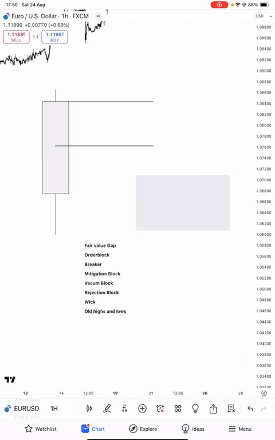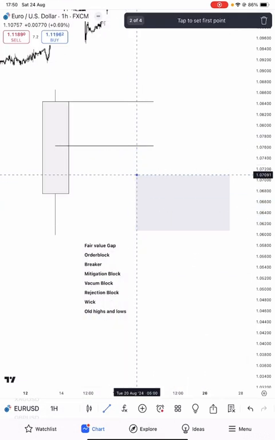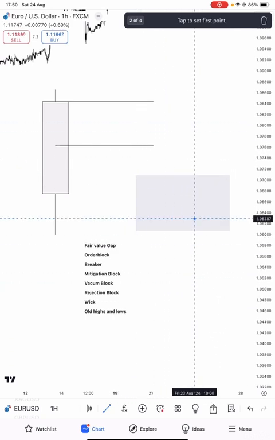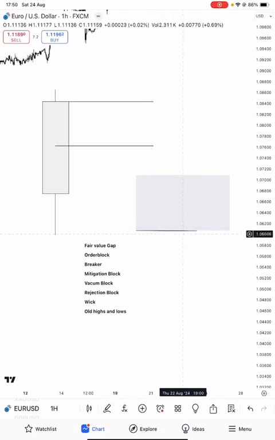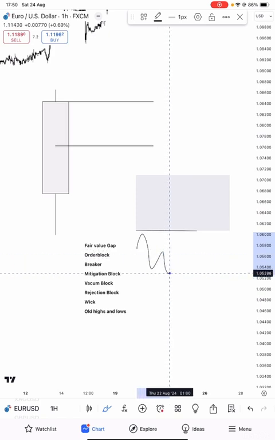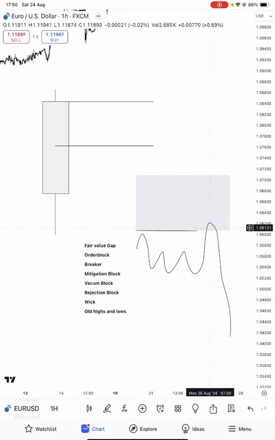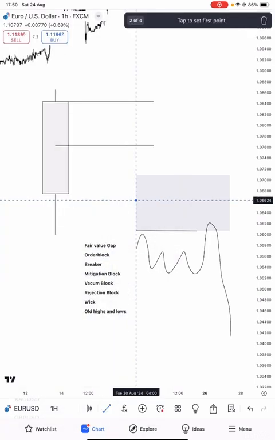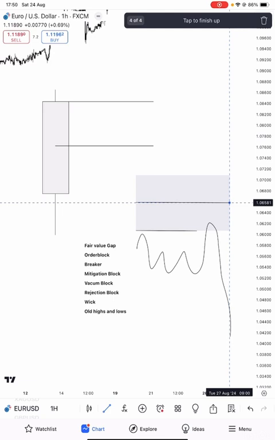Then, intricacies of fair value gap, the same. This is a fair value gap, and the sensitive areas are the high of a bullish fair value gap or the low of a bearish fair value gap. Because let's take a bearish fair value gap as an example. When price, this is high on a lower time frame, this is a lower time frame turtle soup, and that's why it's a sensitive area.